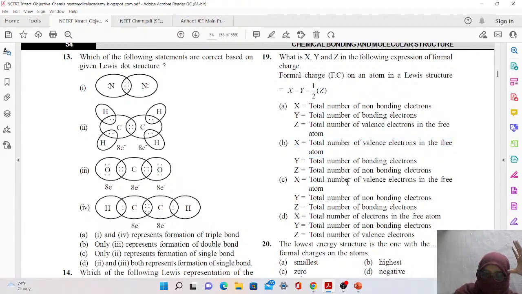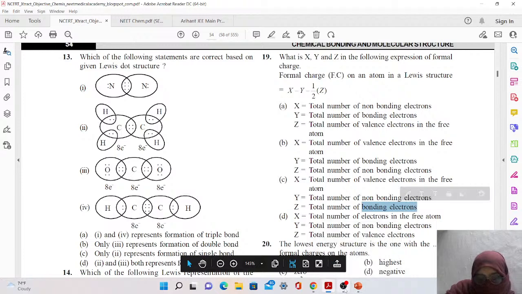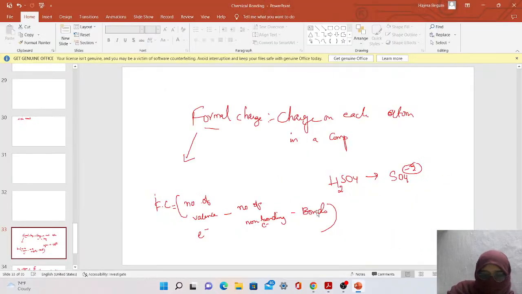C, let us just check C. Total number of valence electrons in the free atom. Yes, X is going to be right. But just check Y. Yeah, Y is non-bonding electrons. Yeah, Z is the bonding electrons, right? These are two ways of writing, as they are giving.